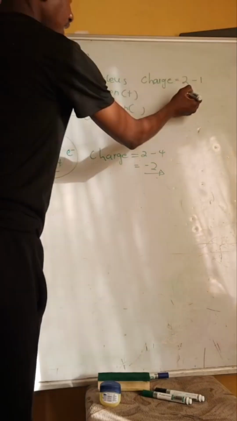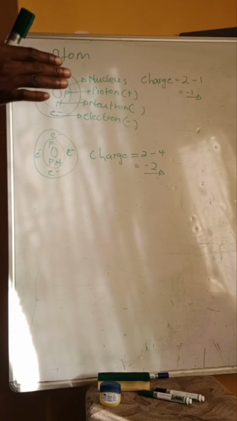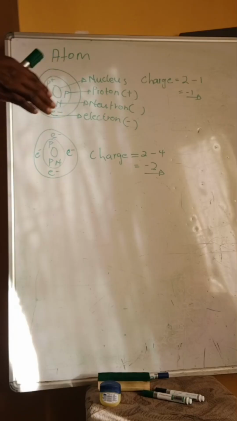If it was negative here, we're going to say these 2 atoms are going to repel from one another. Remember that different signs attract each other, and the same signs repel one another.